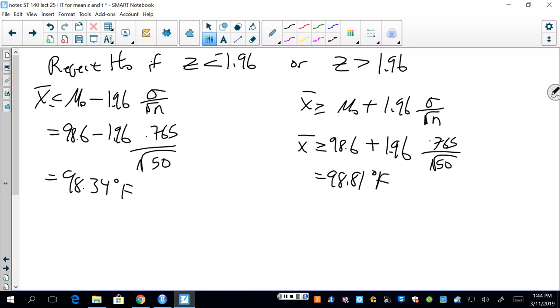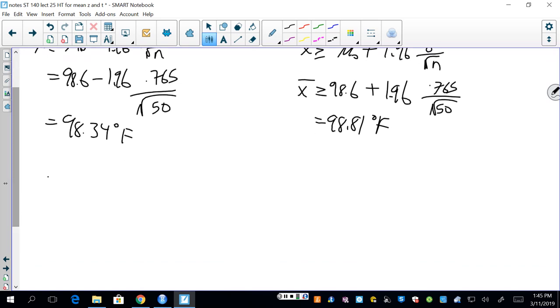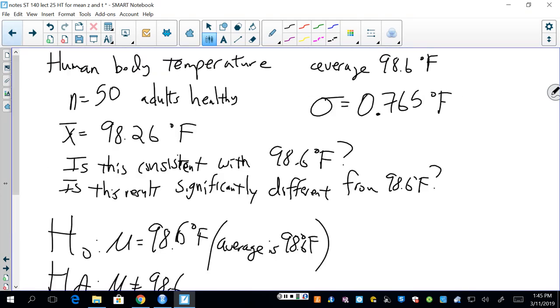So if our x bar is less than 98.34 or greater than 98.81, it's going to look a little bit unusual. Now I said that our x bar out of these 50 was 98.26.